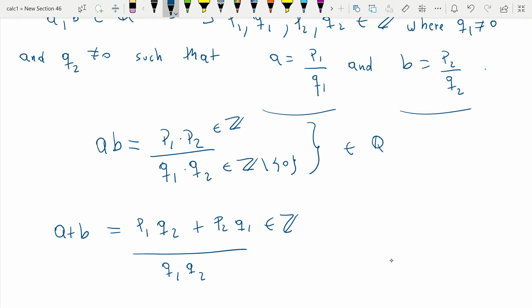You're multiplying two integers, P1 and Q2, so you get an integer, and you're multiplying the integers P2 and Q1, so you get another integer, and then you're adding them together to obtain yet another integer. We already saw that when we multiply Q1 and Q2 together, we get another integer, which is non-zero because neither Q1 nor Q2 is 0. So this whole thing is again in Q.